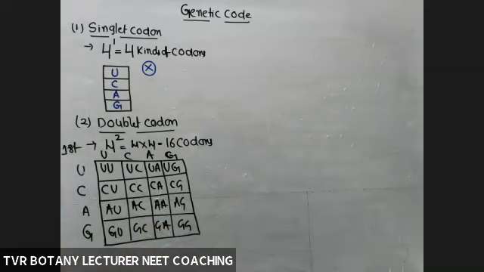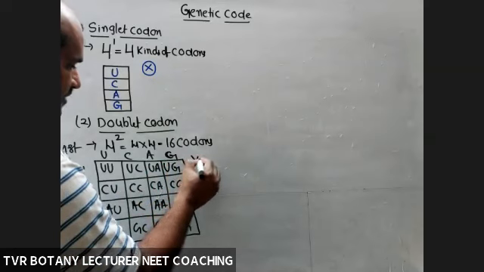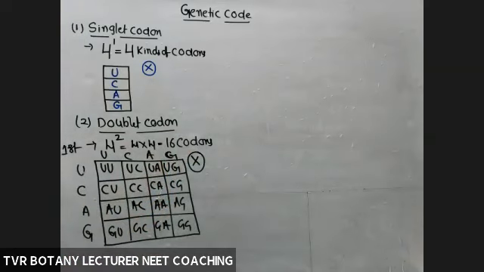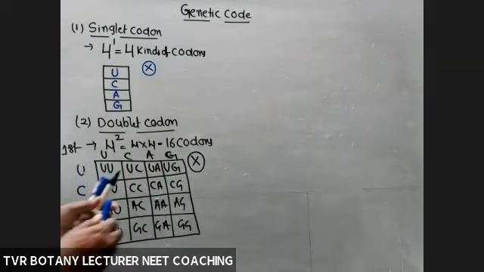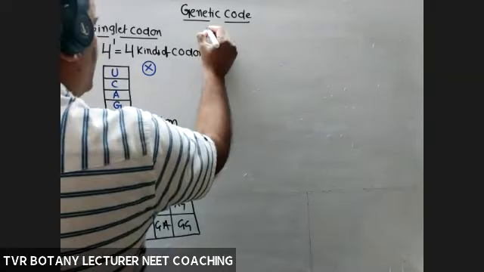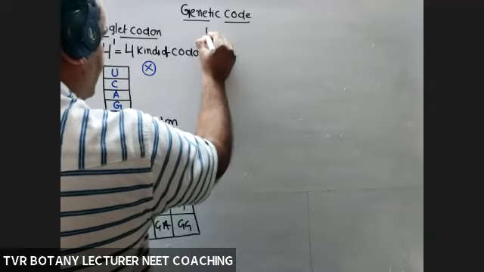So this is also insufficient when compared with the number of kinds of amino acids which are involved in protein synthesis. So this is also not acceptable, insufficient, below the requirement.